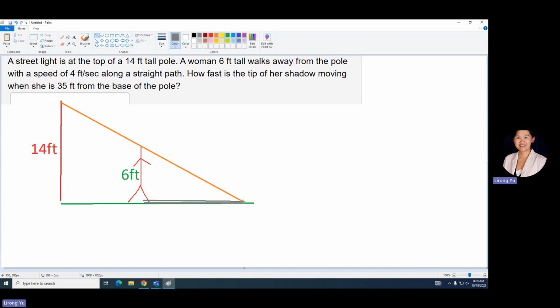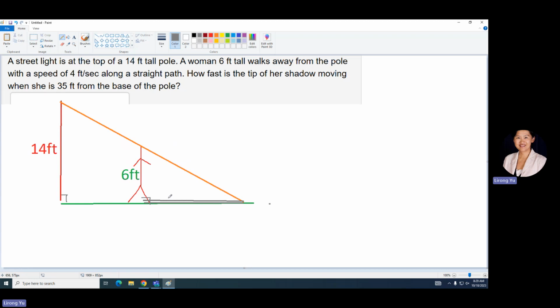Let me try to make it visible. This is the shadow. So you can see that there's a right triangle going on. This is supposed to be perpendicular, and the height of the person and the ground also have that perpendicular relation. So you've got a small right triangle and a big right triangle.